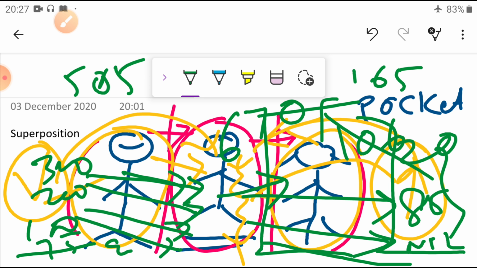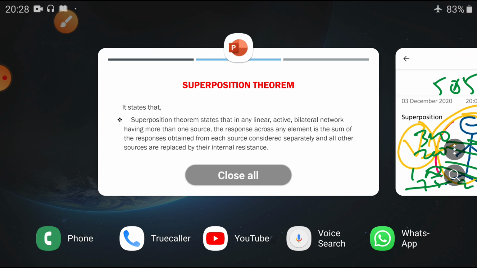The value we get, plus the value you already got with the help of the voltage source, you sum it, whether adding or subtracting based on plus or minus. That is the final value we are going to get. So don't confuse it. Let us see it step by step.